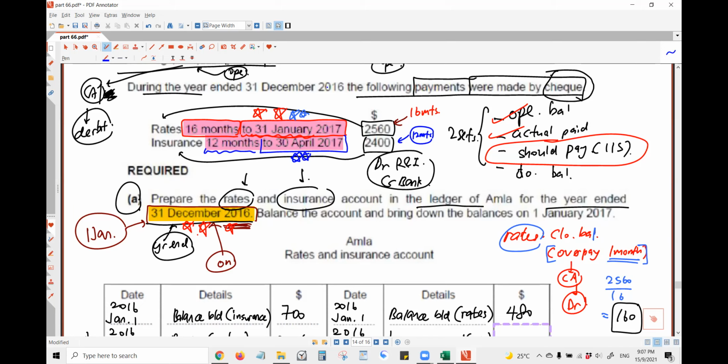How to know this is overpayment or underpayment? Once again, compare against the year end. So, anyone? Overpayment or underpayment? And then by how many months? Overpay or underpay by how many months? Tell me in the box there.